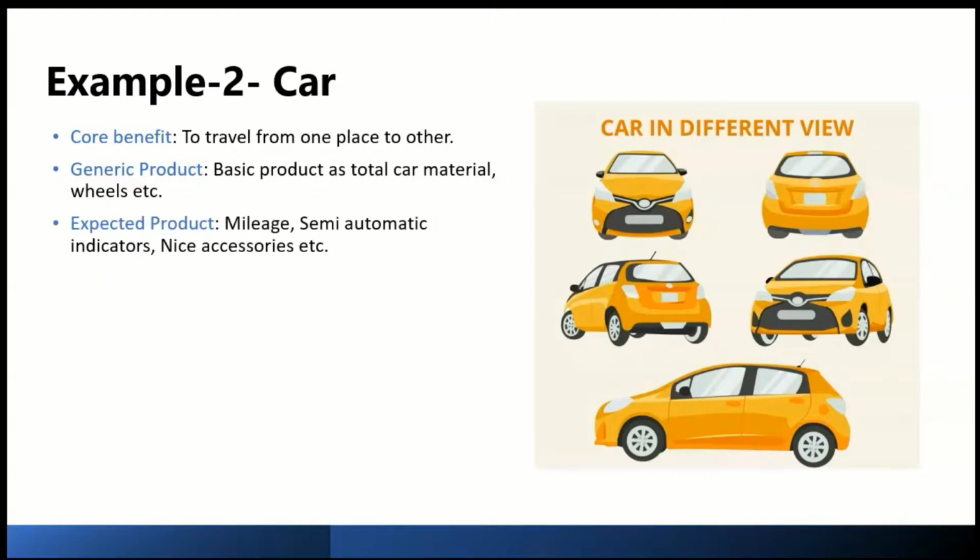So what do you expect when you buy a car? Based on your budget, based on the pricing of the car, you expect a few other features from the car.